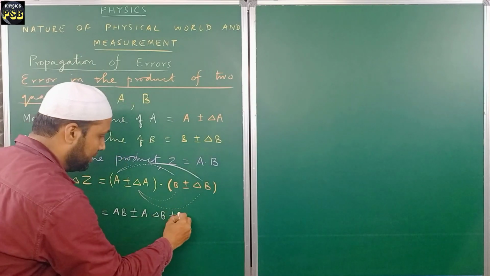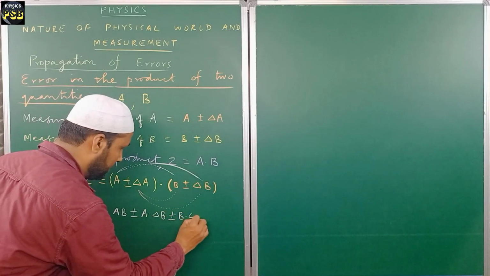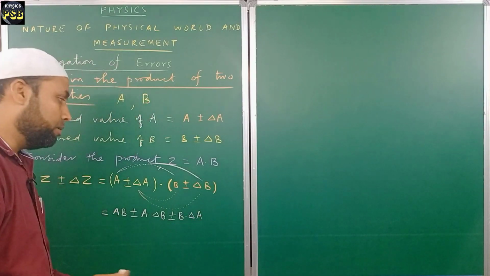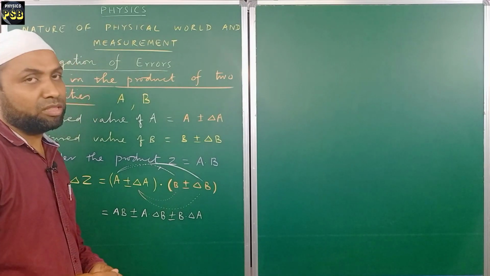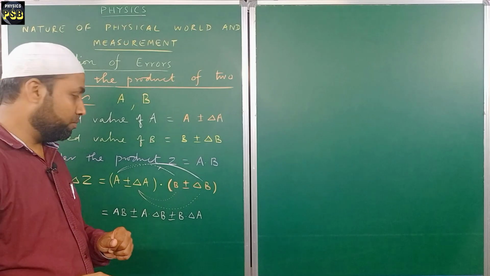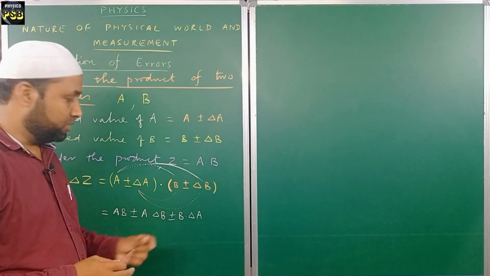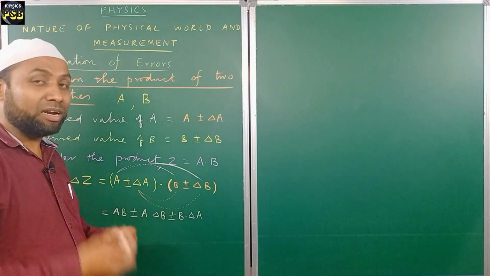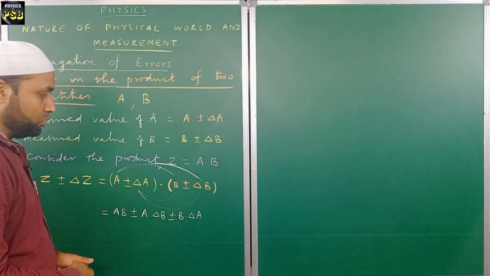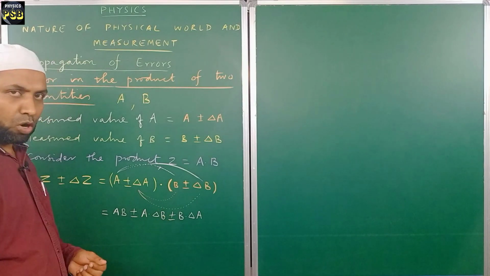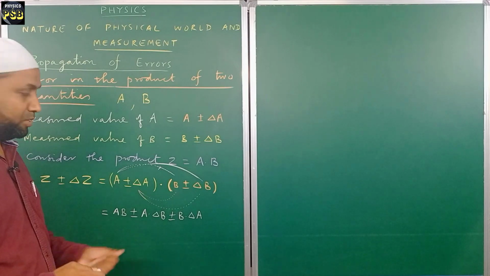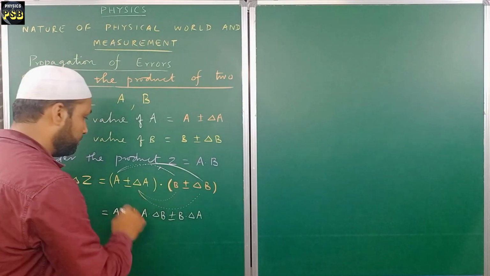See how I write this? I write it as B delta A. If I want, I can write it as delta A dot B. But it may be confused by someone as delta AB. Okay, delta AB is different from B multiplied with delta A. So to avoid confusion, I have written this one as B dot delta A. Even if I write delta AB, it is not a mistake, but it can be confused, so I have avoided it.